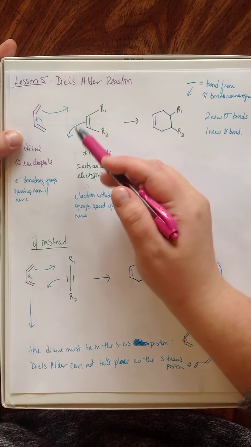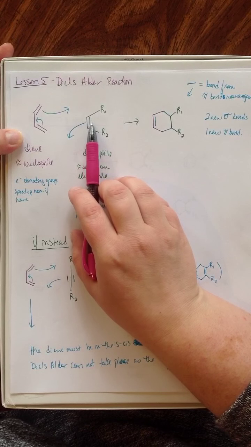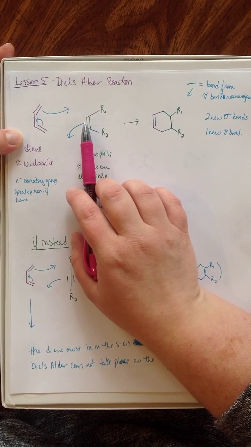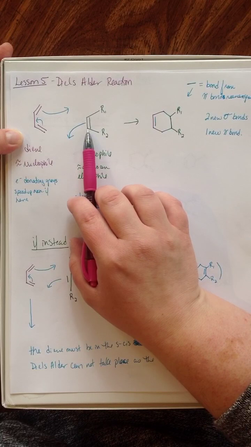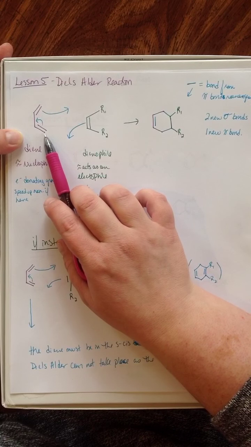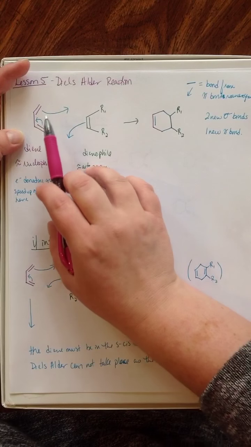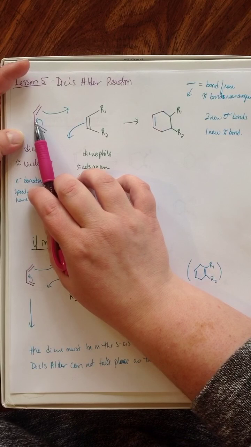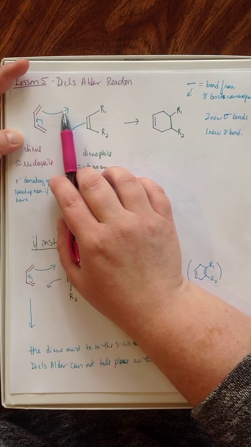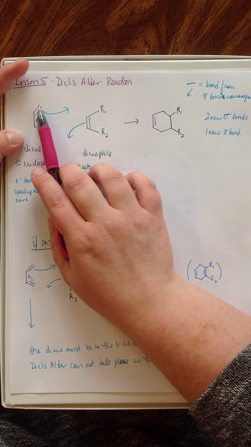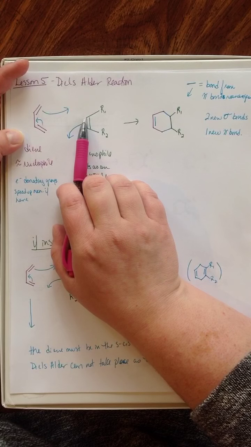But on paper we will say that the electrons from this double bond move over to form a new bond between this carbon and this carbon. This double bond moves back, and this double bond moves over to form a new sigma bond between this carbon and this carbon.